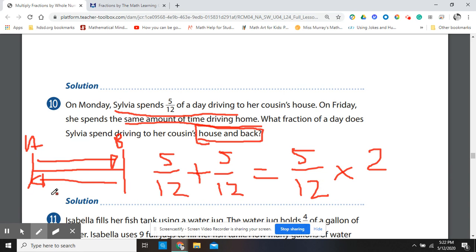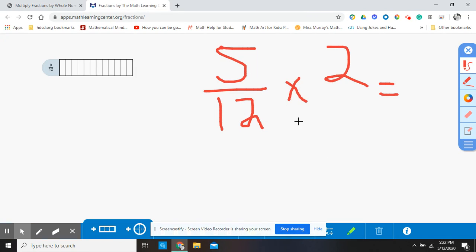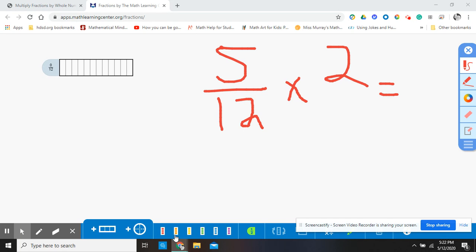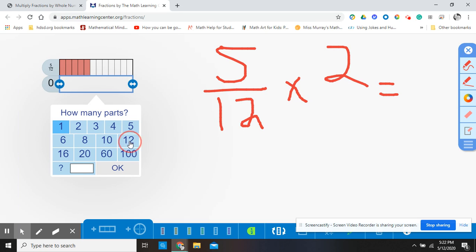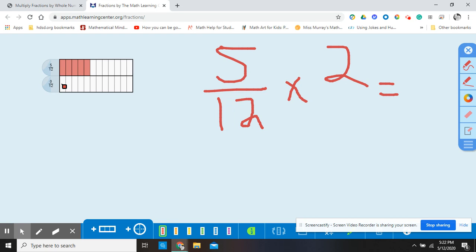I'm going to go to my other screen. Like I said, 5/12 times 2 is what our actual multiplication problem was. We can represent this with my denominator of 12, and we shade 1, 2, 3, 4, 5. But we're multiplying this by 2, so we have to put another 5/12 in here, and that one is also going to be 5.